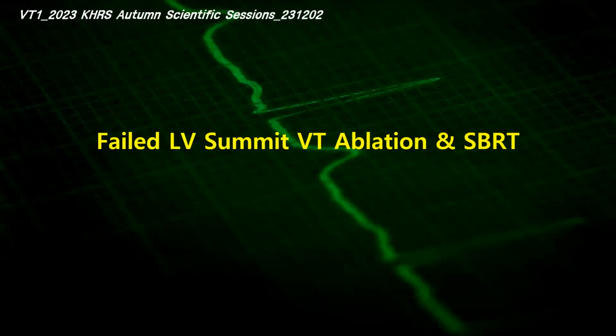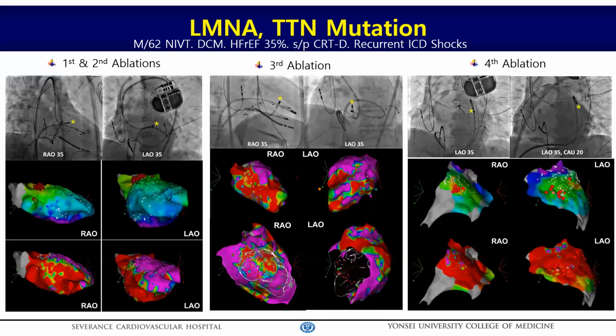The last case is LV summit VT with cardiomyopathy that failed despite multiple procedures. This patient is a 62-year-old male with lamin and titin mutation cardiomyopathy, ejection fraction 35%, and multiple ICD shocks. He underwent the first VT ablation at another hospital, but we did multiple further procedures after referral.